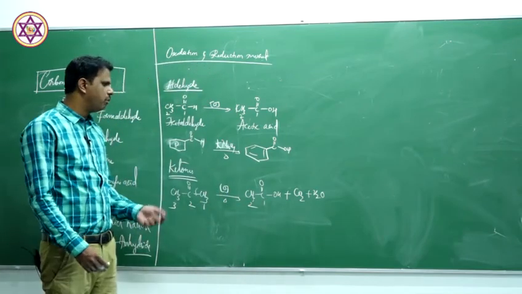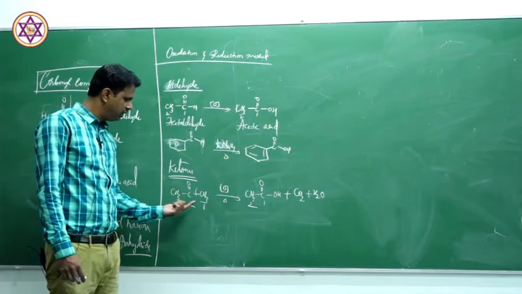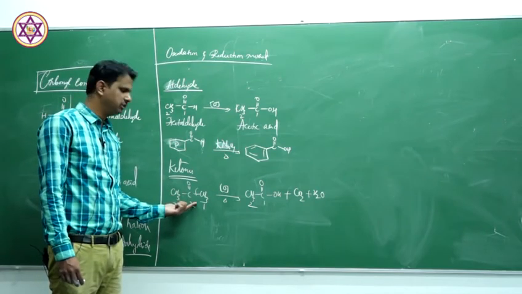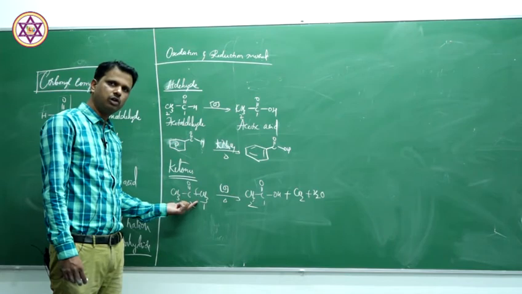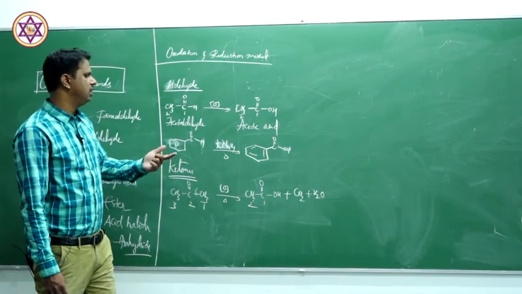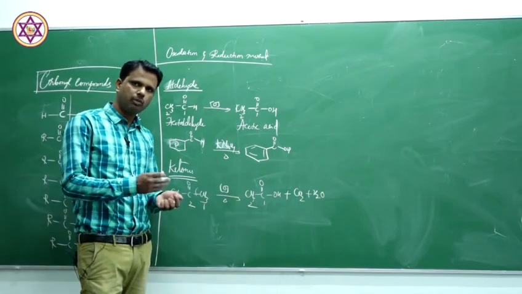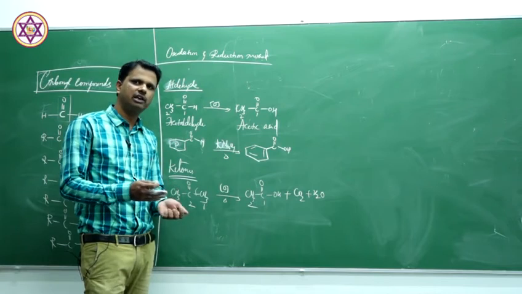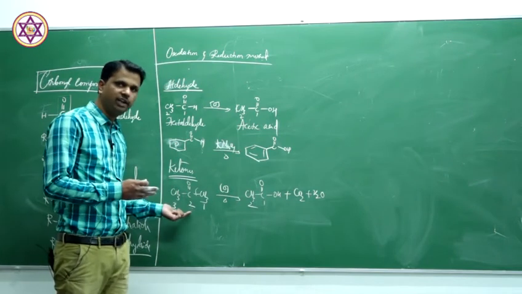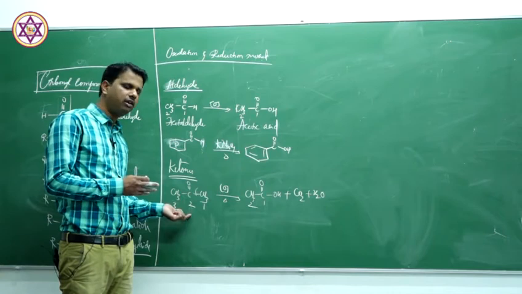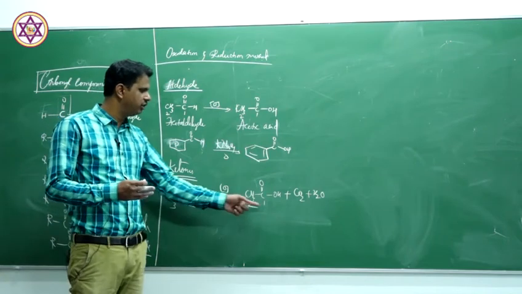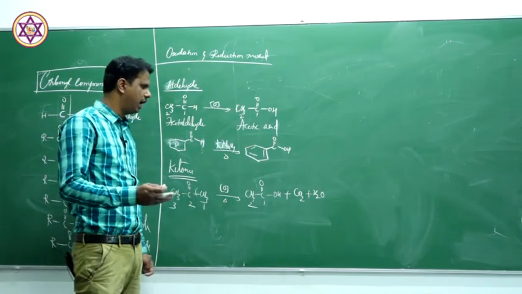So what is the point here? If the ketone undergoes powerful oxidation, it gives a carboxylic acid which has fewer carbon atoms than the parent chain. Now 3 converted into 2. That is what happens.